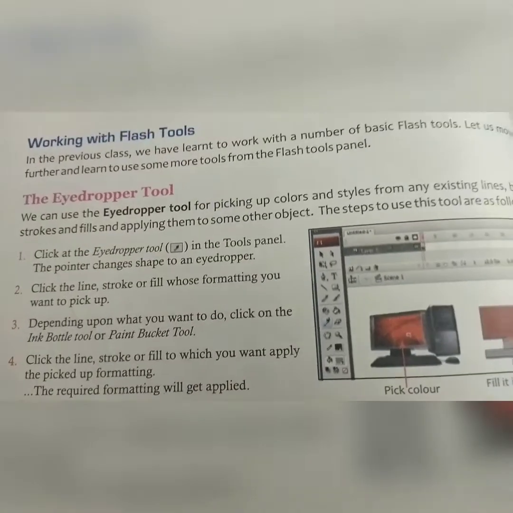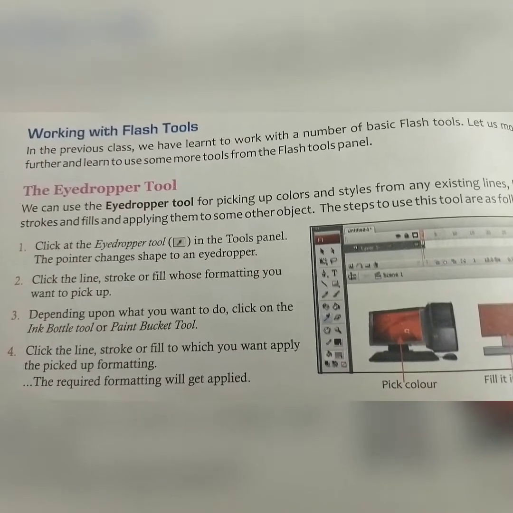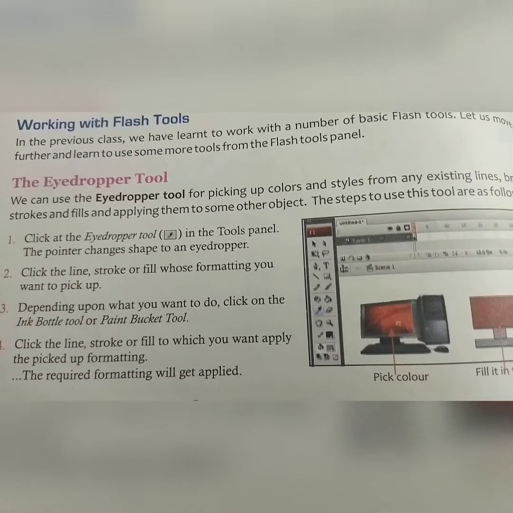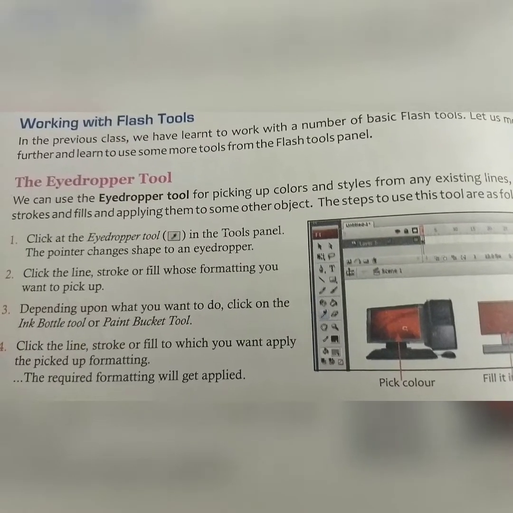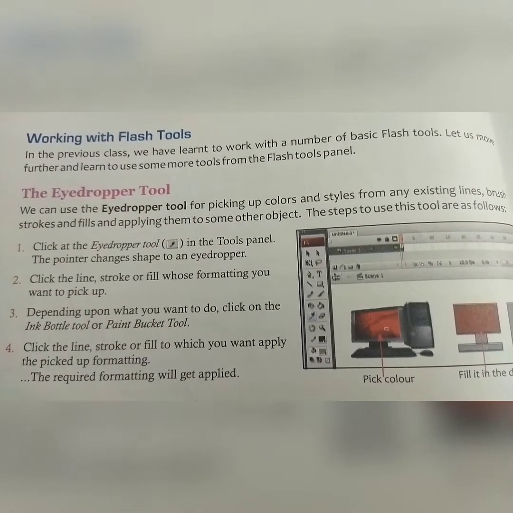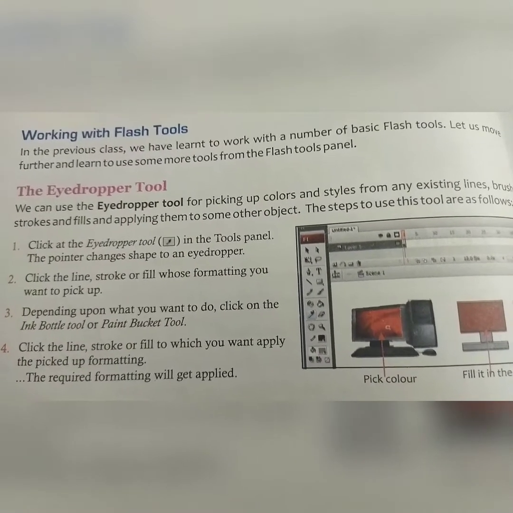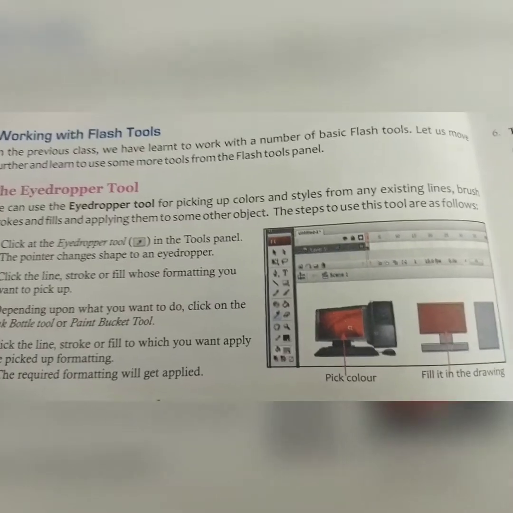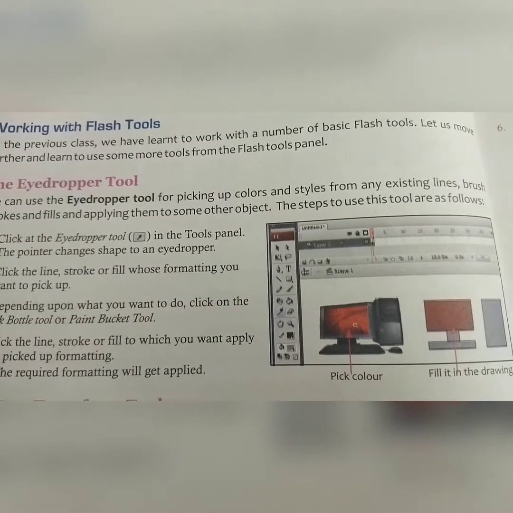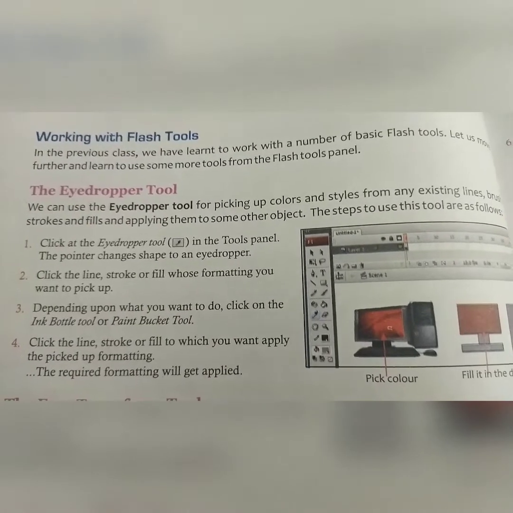Second, click the line, stroke or fill whose formatting you want to pick up. Then, depending upon what you want to do, choose the ink bottle tool or paint bucket tool. Click the line, stroke or fill to which you want to apply the picked up formatting. Then the required formatting will get applied. You can see in this picture pick color and after filling the drawing. So this is the eyedropper tool.